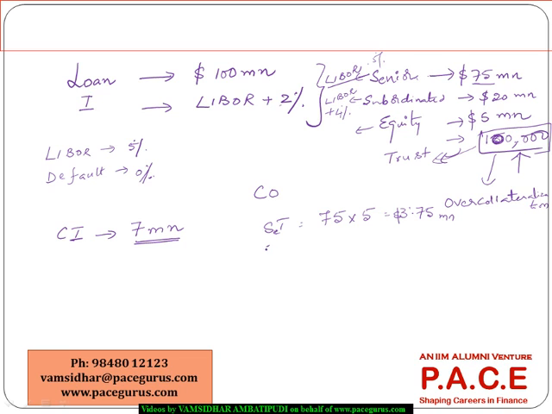If I am talking about the subordinate tranche, their face value is 20 million and they are going to receive 9%, so almost 1.8 million is going to the subordinate tranche.